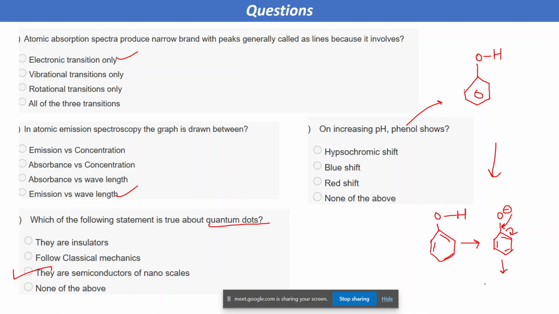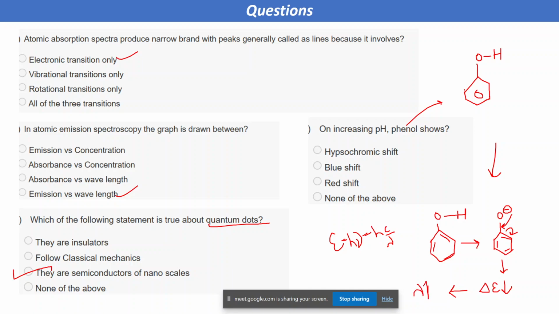The energy gap decreases. We know the formula: energy equals h mu, that is hc by lambda. So energy is inversely proportional to wavelength. If energy is decreasing, then wavelength will increase.